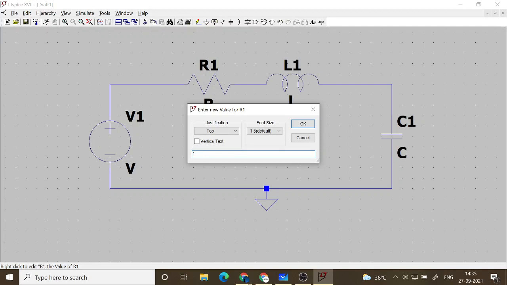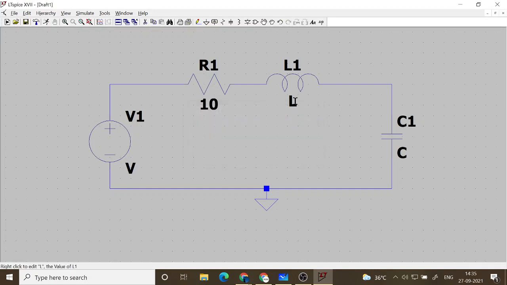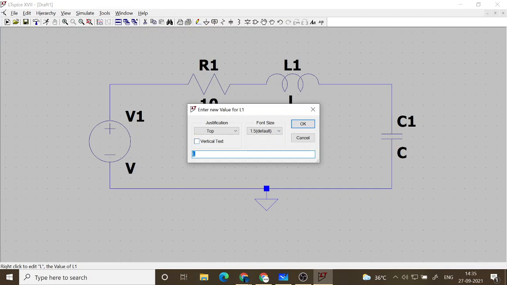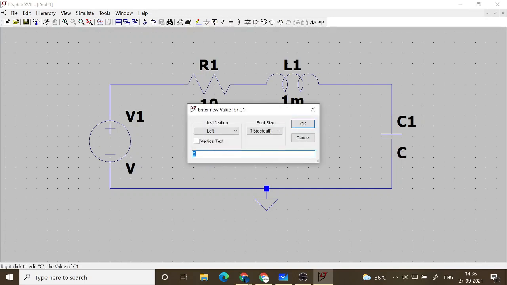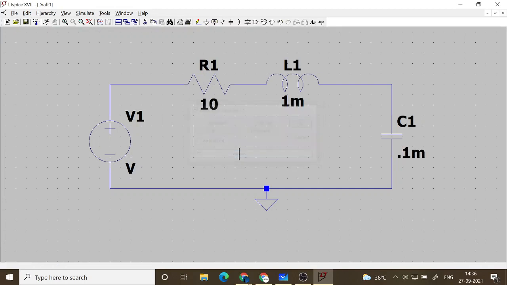So let's say it is 10 ohm, and this one is let's say 1 milliampere, and then this capacitor, let me give it as 0.1 milliampere. You can take whatever value you want, but the result will depend upon what value you take, and we will later change the values and see the effect of these values.